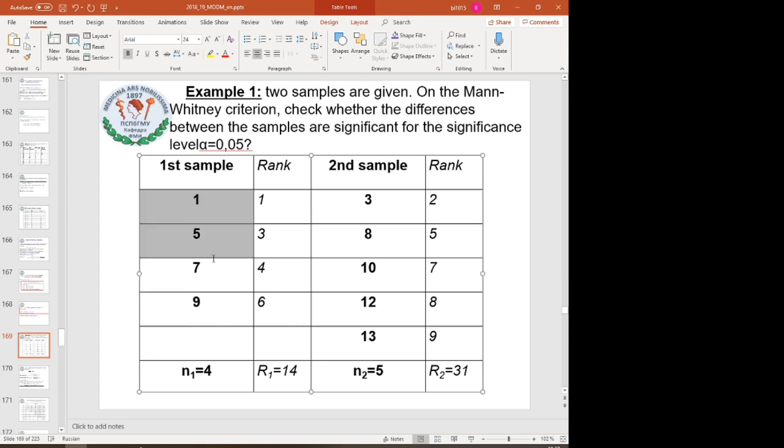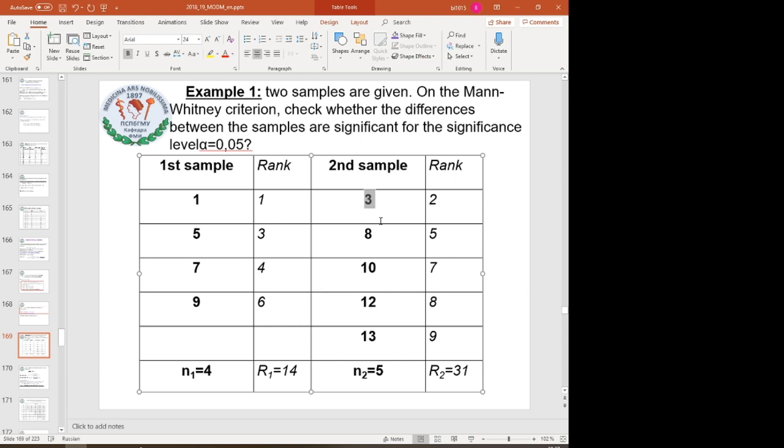The first sample has only 4 numbers, the second sample has 5 numbers, and we obviously have a mixture because 7 and 8 go after 3 and before 8, and 5 also is here. So the samples are intersected, but only between the smallest numbers of the second sample.